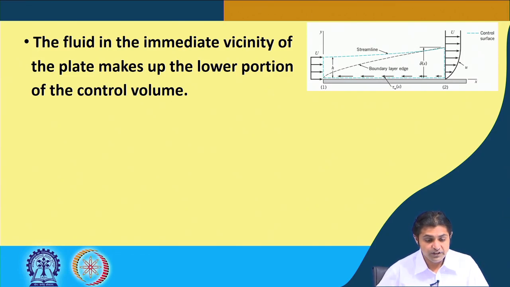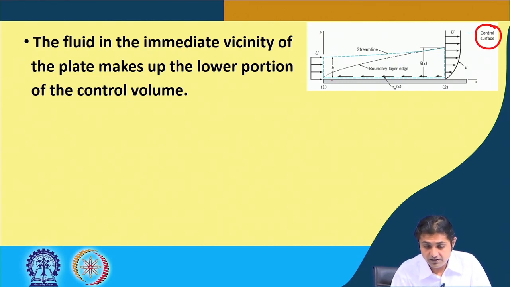So, the fluid in the immediate vicinity of the plate makes up the lower portion of the control volume. So, you see the control surface here. We have chosen a control surface here. This control surface, it says that the fluid in the immediate vicinity. So, this one, you see the dash line, now I am marking it with red dots.